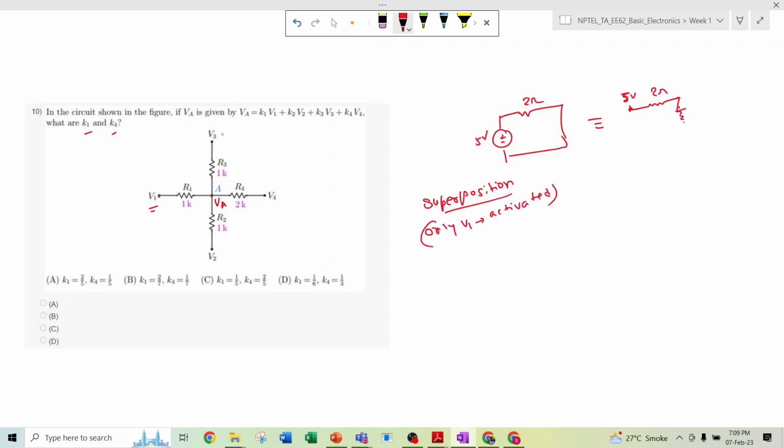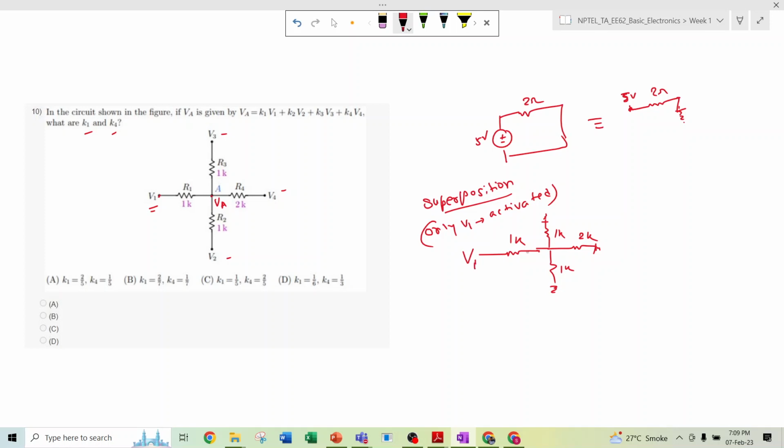Deactivated means V2 will be ground, V3 will be ground, and V4 will be ground. So the circuit becomes 1K, this is 1K, this is 2K and this is 1K. All of these are at ground and this is V1 which is activated.